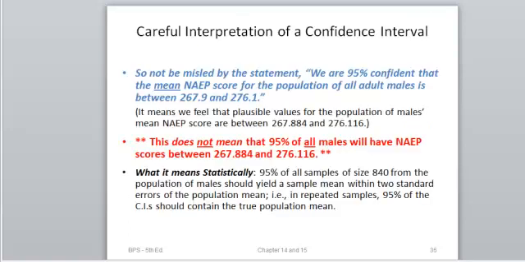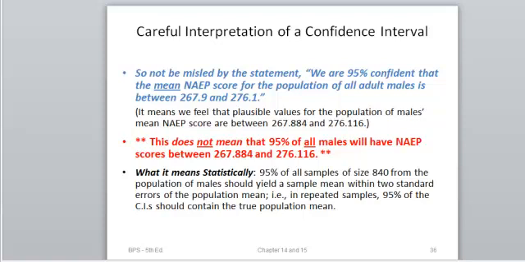Now again, don't be misled by the statement that we're 95% confident that the mean NAEP score for the population of adult males is between 267.9 and 276.1. It means we feel that plausible values for the population mean NAEP score of males are between 267.9 and 276.1.